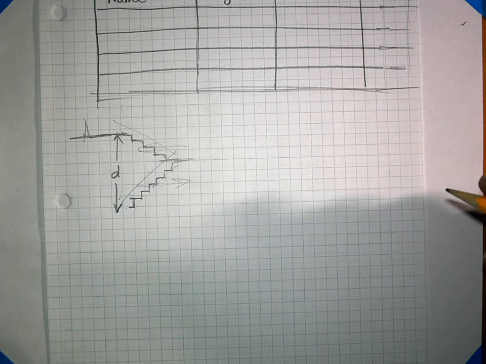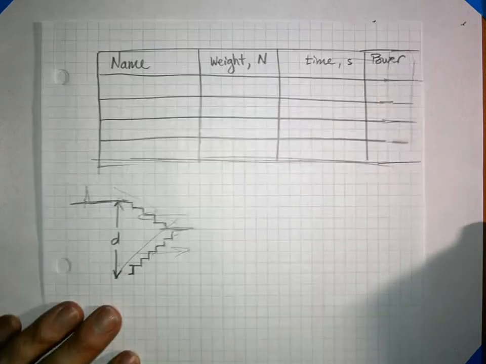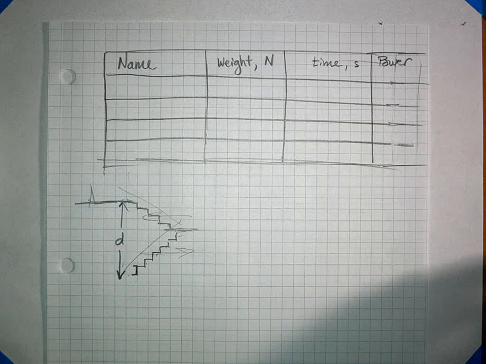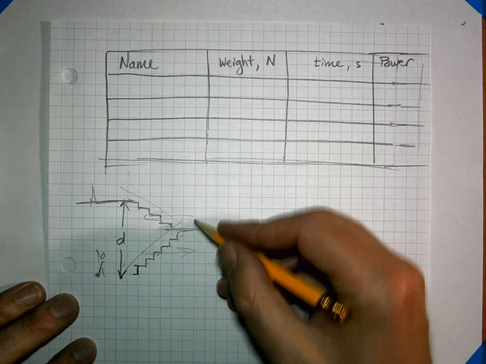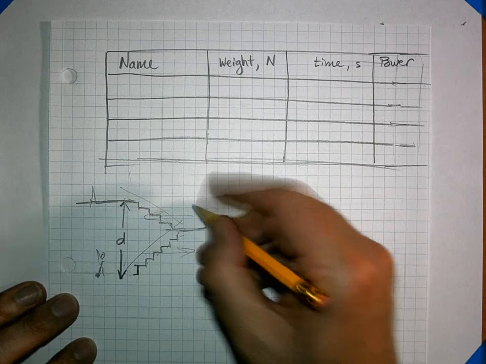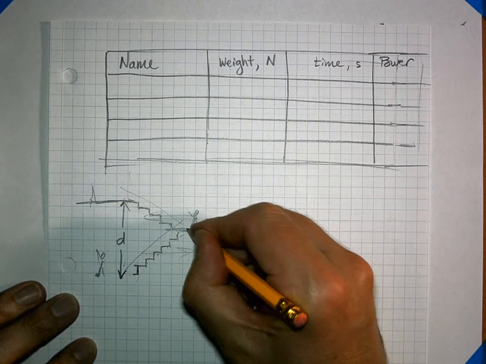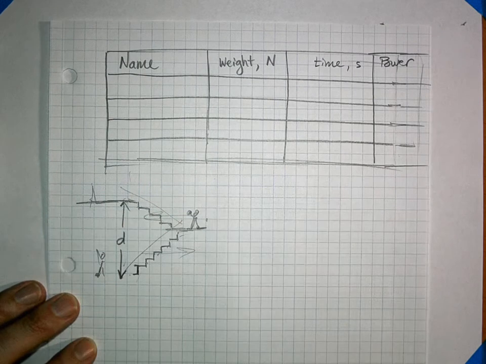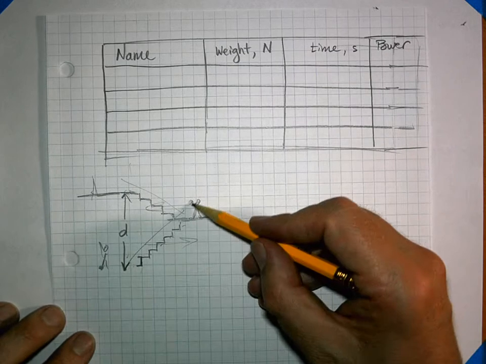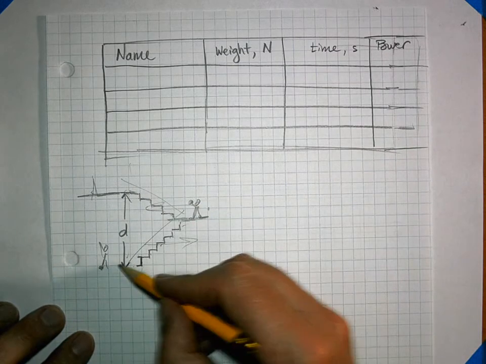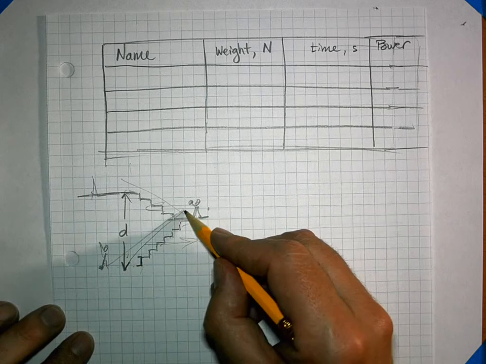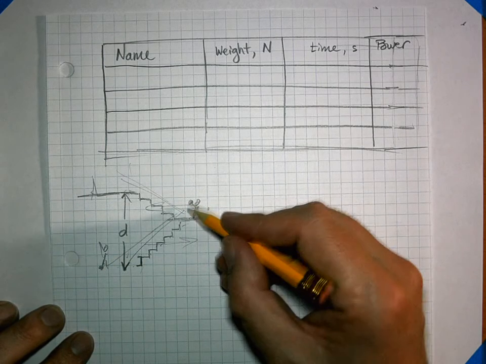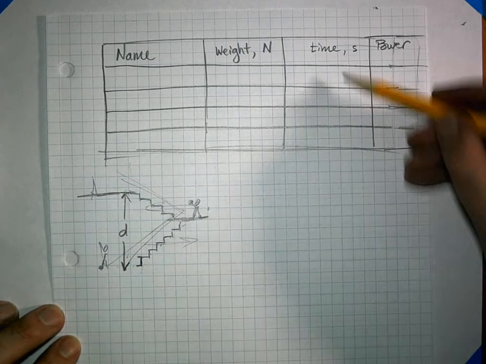And then I want a group of you to be all gathered down here, and then have somebody standing on the landing. So here's our timer, and they're going to use a cell phone, and they're going to say go to the person standing in line down here, and I want you to race up the stairs, and this person will tell you what your time is, and then you can add it to your data table here.